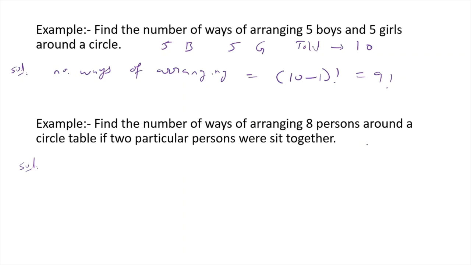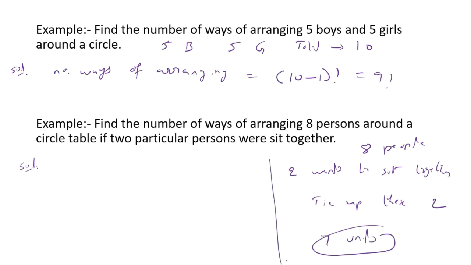Here we have 8 people, in which 2 want to sit together. So we can tie up these 2 people. Now if you tie up these 2, we have 7 units.